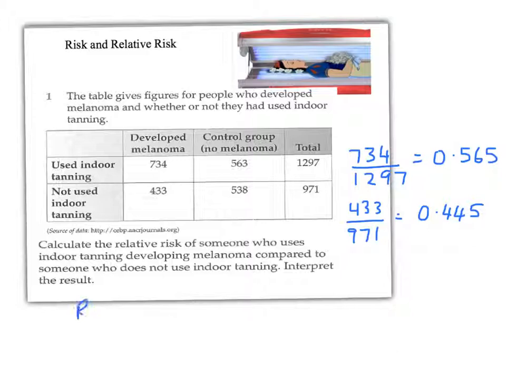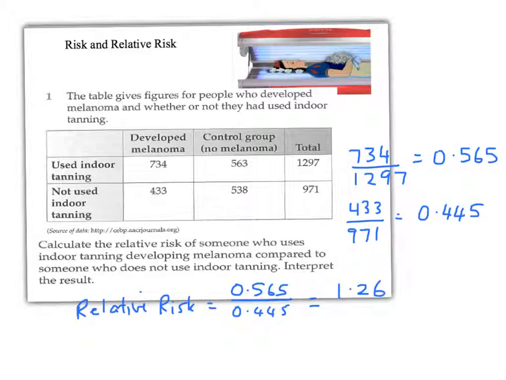And we have to do the relative risk. So the relative risk of the indoor tanners, we put them at the top of the fraction, is 0.565 divided by 0.445. And we divide those, that equals 1.26. Okay, so the relative risk is 1.26.